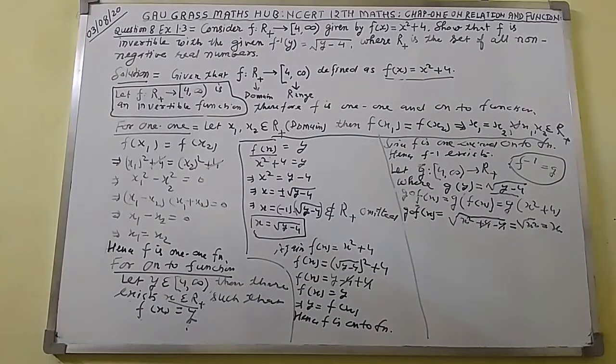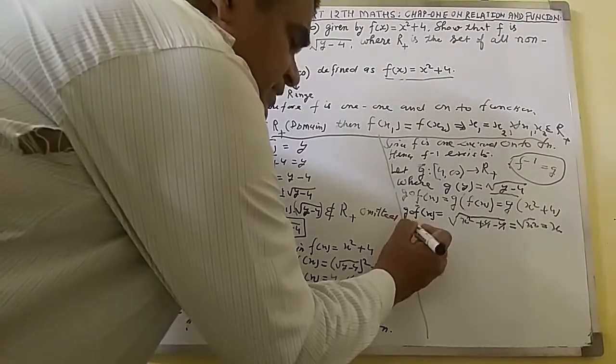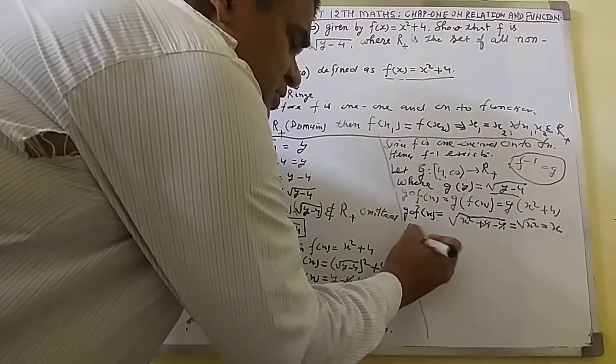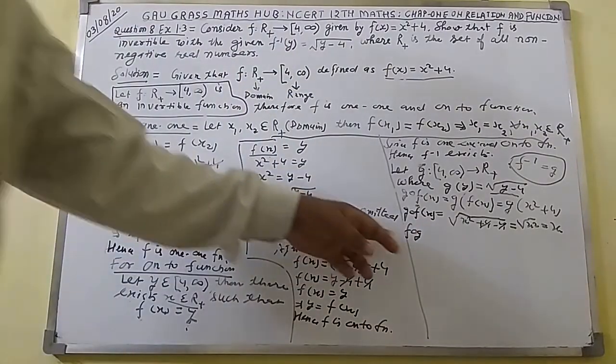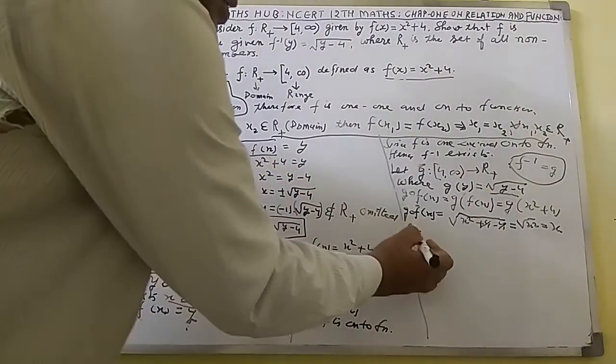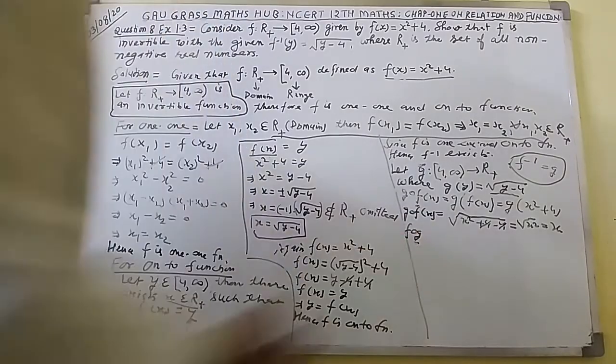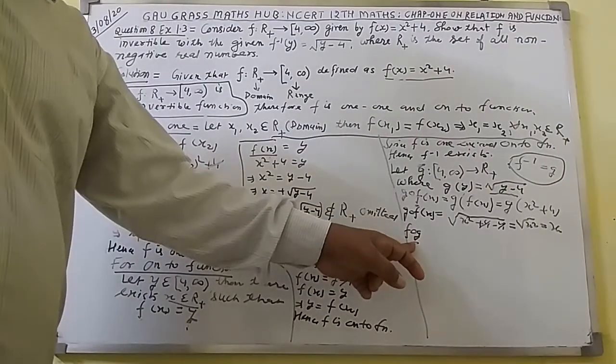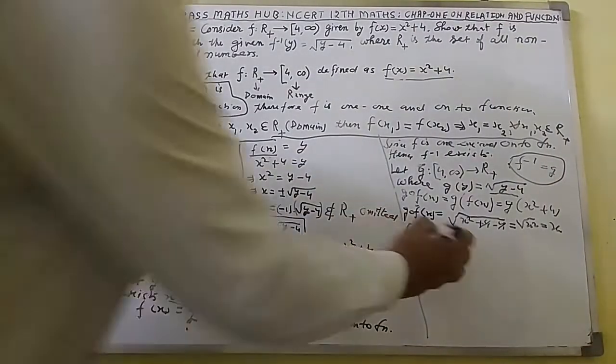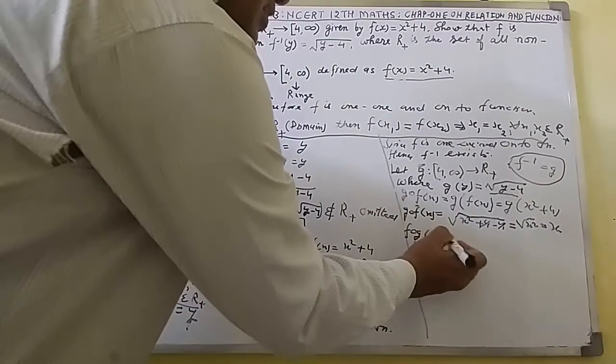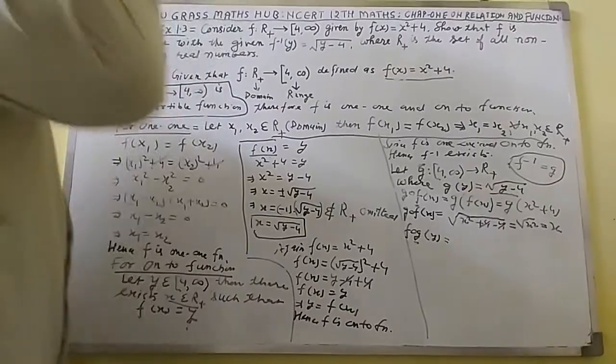Now I shall put f o g. Now try for f o g, f of g. Here you can see in f of g, the last letter is g. The g will take value y. Here a formula is there.